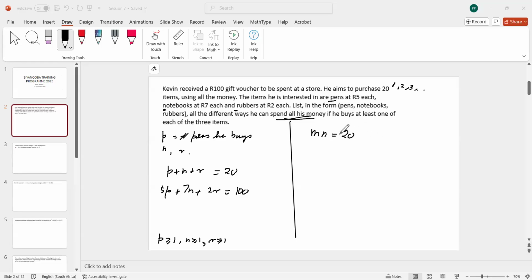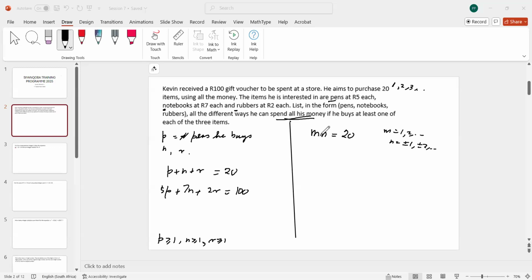If you have, for instance, the product of M and N, where M and N are natural numbers, that means 1, 2, 3, or even if they are integers, plus or minus 1, plus or minus 2, these are integers. The product of two integers equals 20.